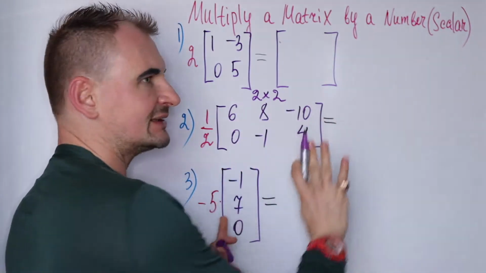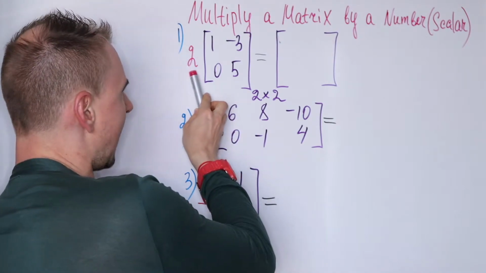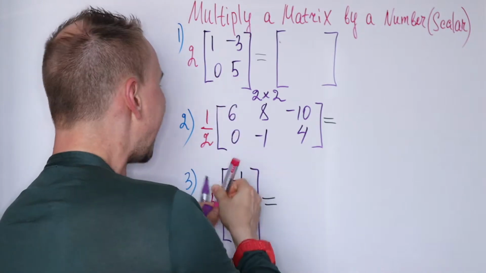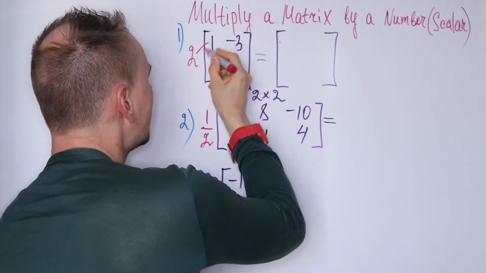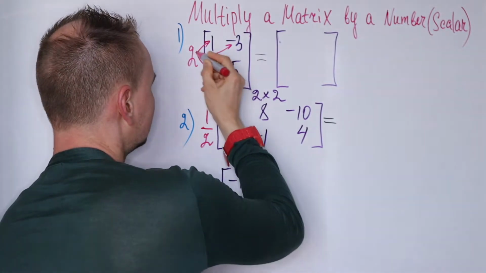You don't have to write it explicitly, so all you do is just take this number, this scalar if you will, 2, and multiply it by each element in your matrix. So you multiply it like this.